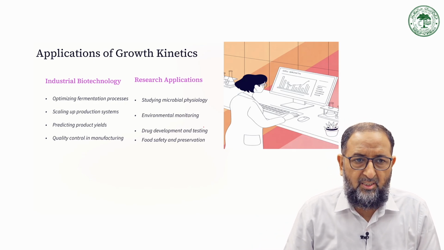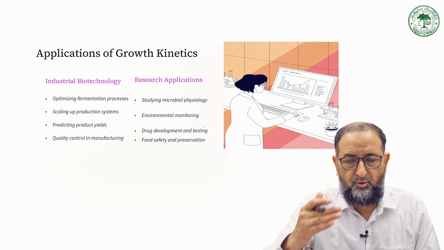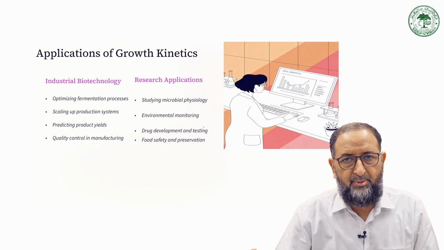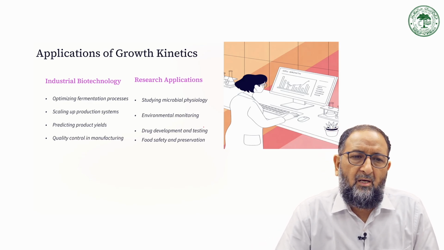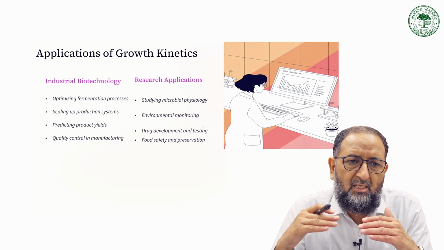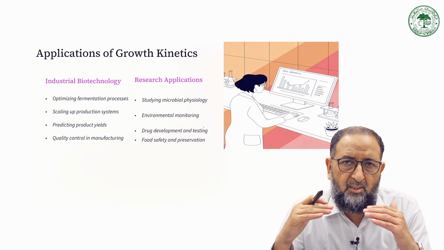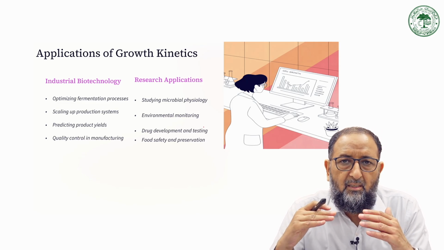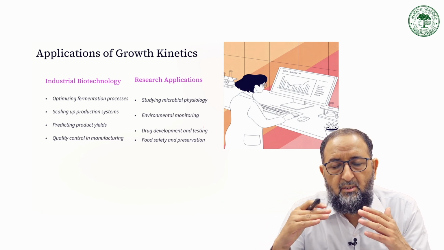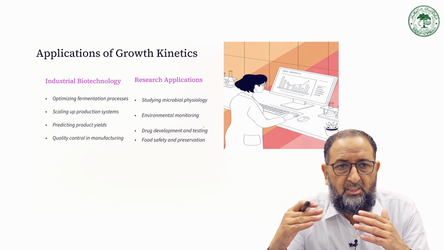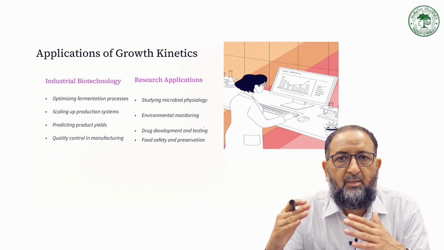It depends on many factors, as we have just talked about: temperature, pH and other stability factors, nutrients. In order to maintain the particular required yield, we have to optimize these conditions, the factors required for the growth conditions, so that we can have a better product.